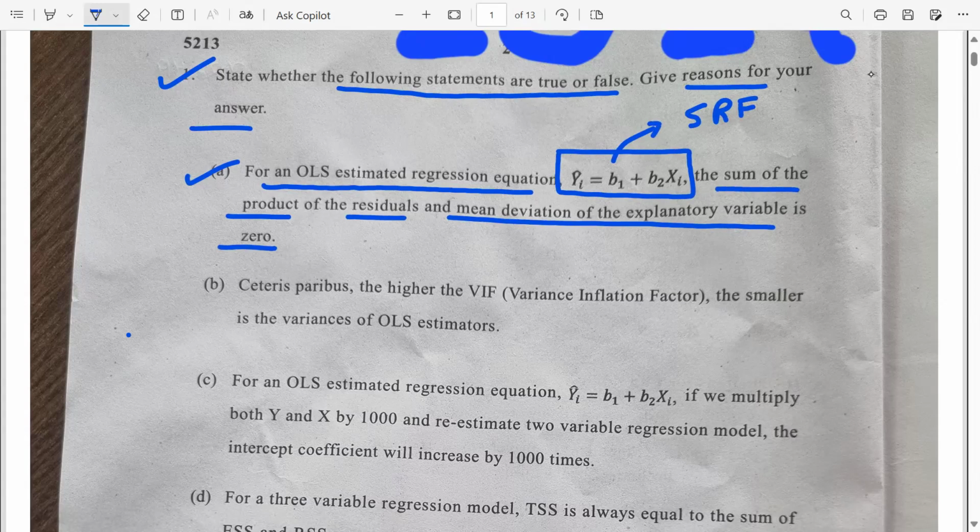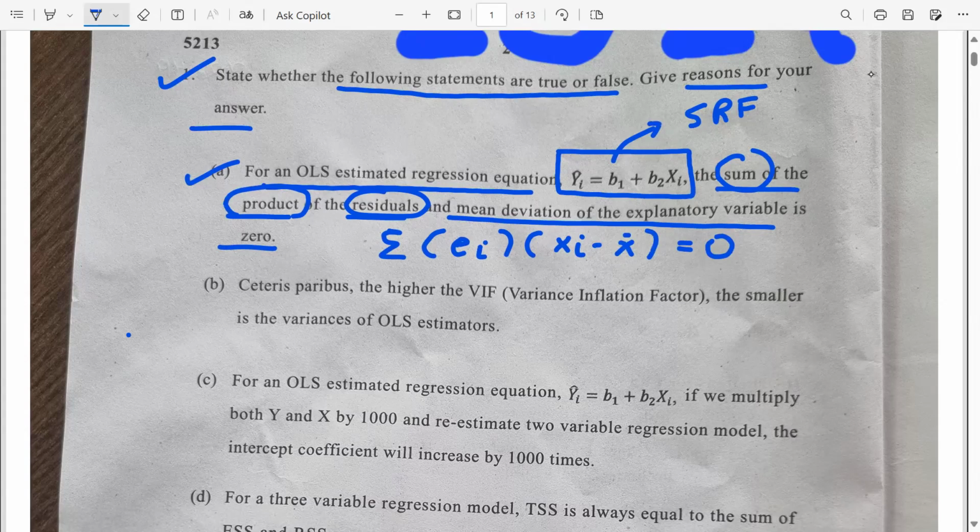So what do I need to show? The sum of the product of the residuals, denoted by ei, and the mean deviation of the explanatory variable. Mean deviation means deviation of xi from its mean. I need to show that this is equal to 0.